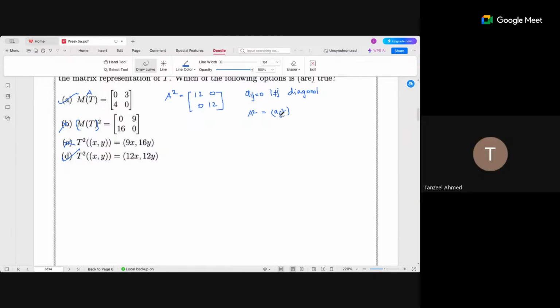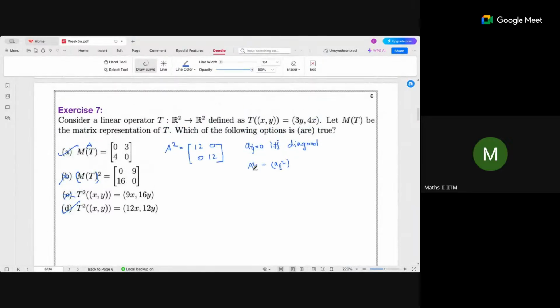Also, if we look at this, is every matrix which does not have the principal diagonal, when we square it, going to give a diagonal? Is that true? I don't think so. You can try it. So what you are saying is that suppose you are having a matrix like this. Okay, in that case, we have to look at the structure here. Here the structure is getting reversed. That is what we are seeing, right? What we are doing is that T squared of x comma y is T of T of x comma y.